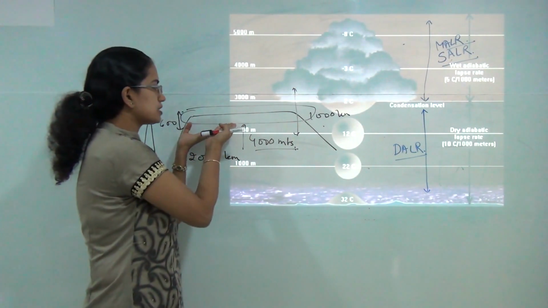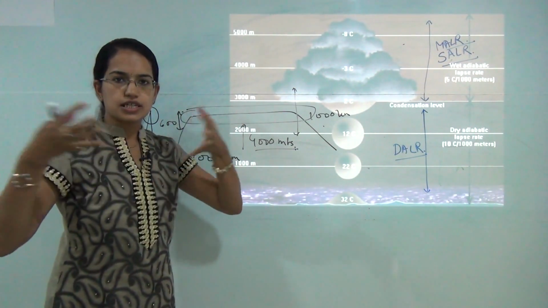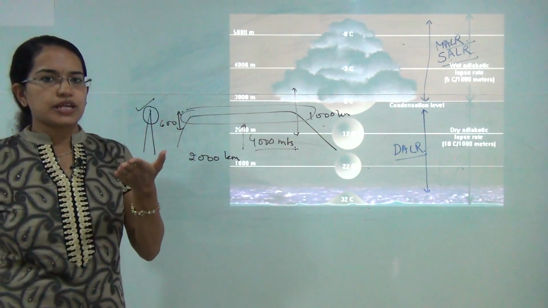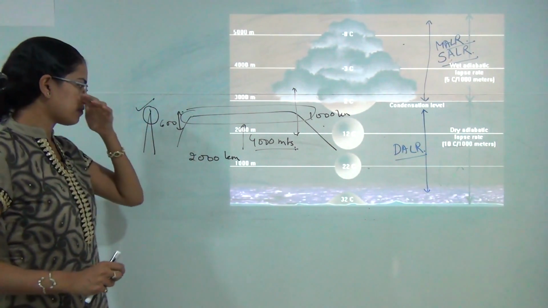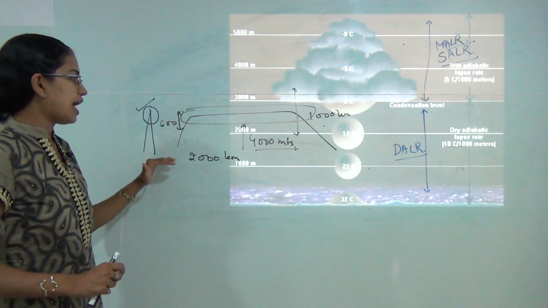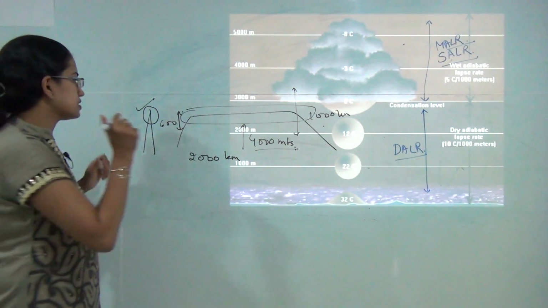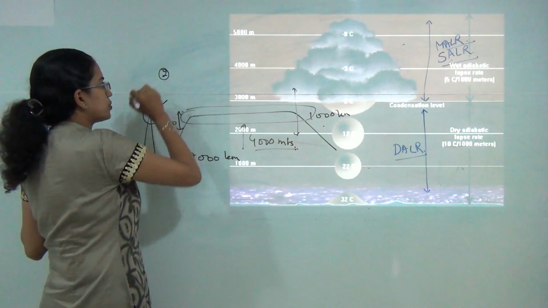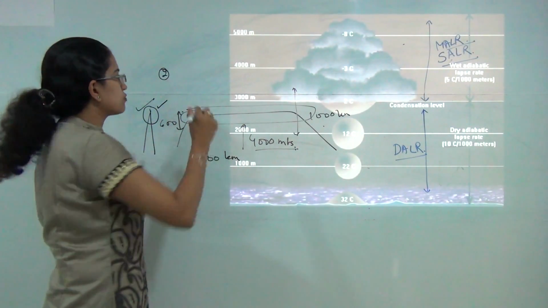Usually this region, because it's so extensive, acts as a heat source. So when I talk about mountain lapse rate changes, there are two basic factors that affect the lapse rate in the mountain region. First, the mountain itself, which acts as a heat source, and second, the orographic induced cumulus cloud formations.